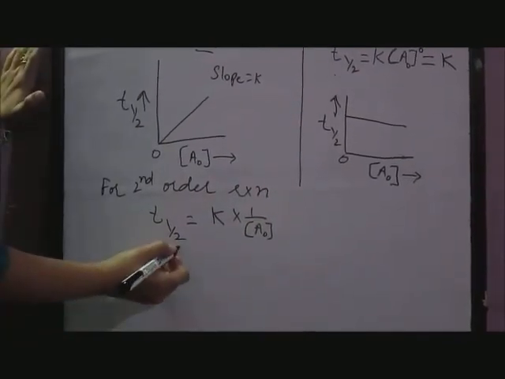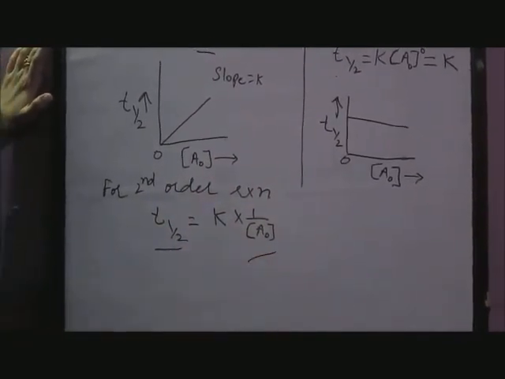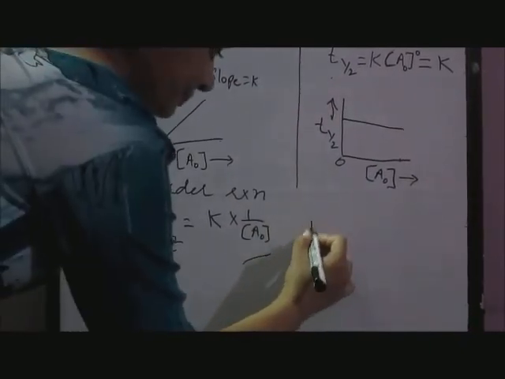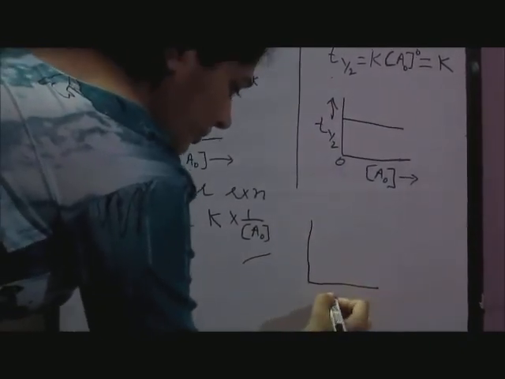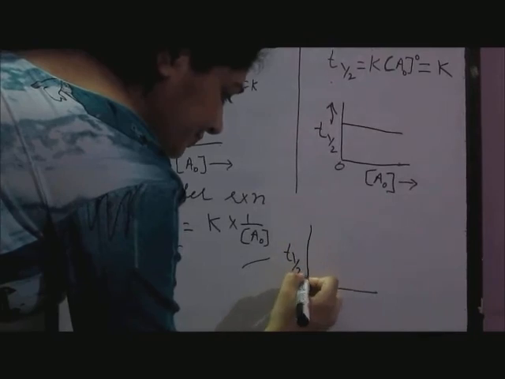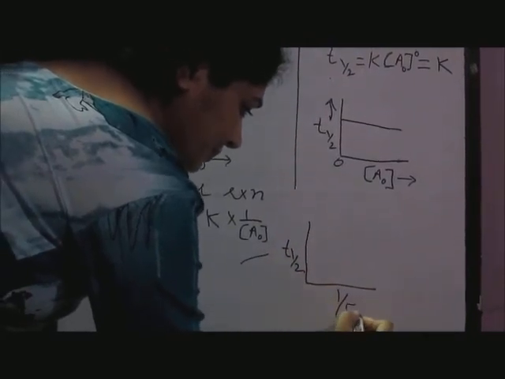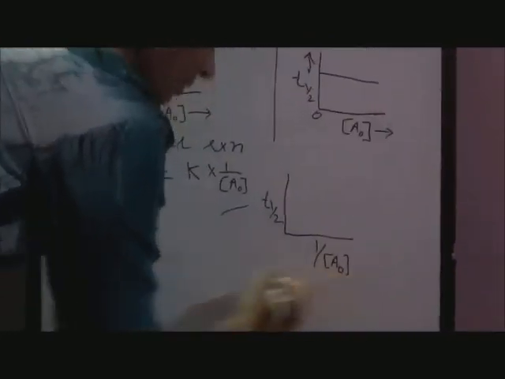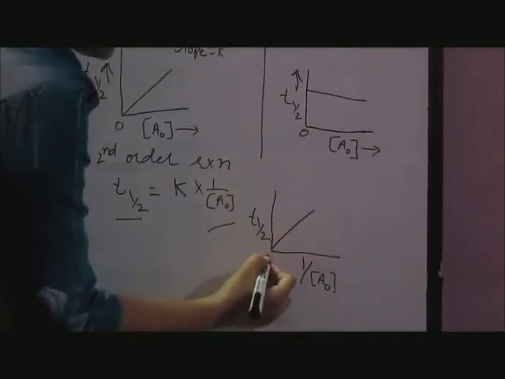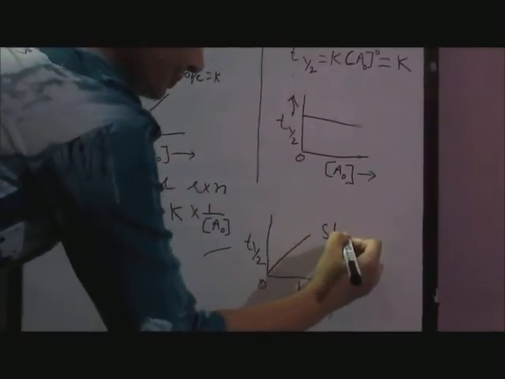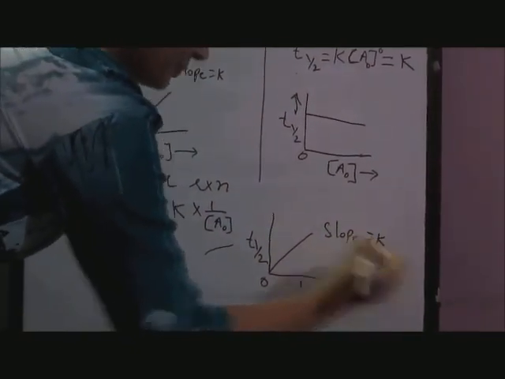If we plot a graph between t half and initial concentration for second order, we get a straight line graph with slope K.